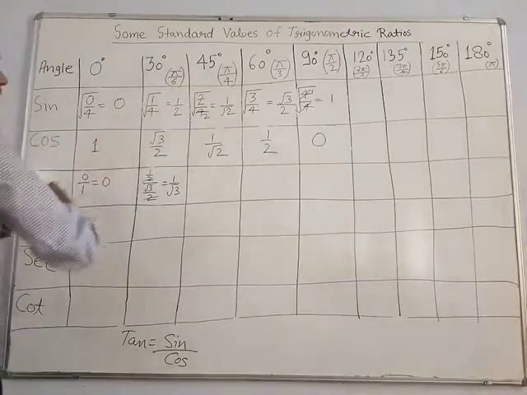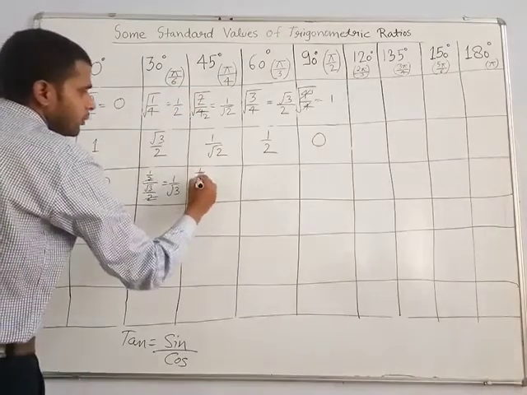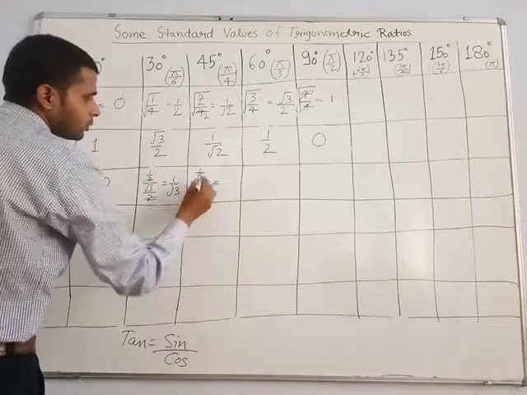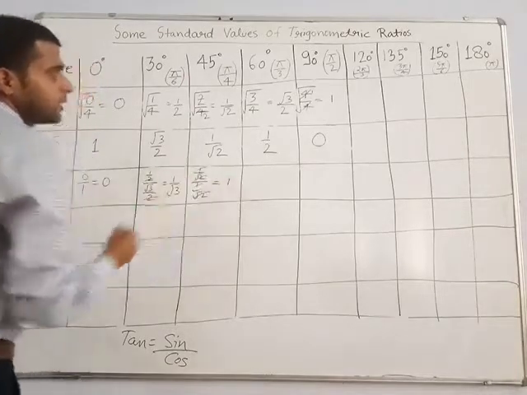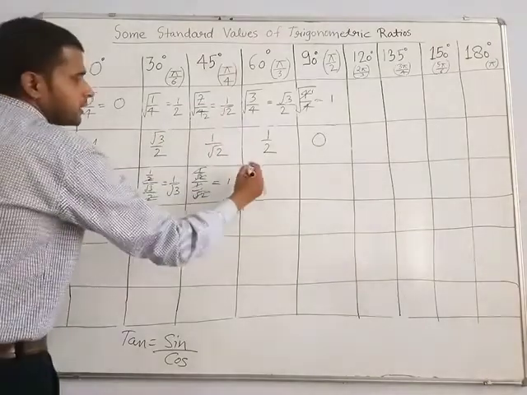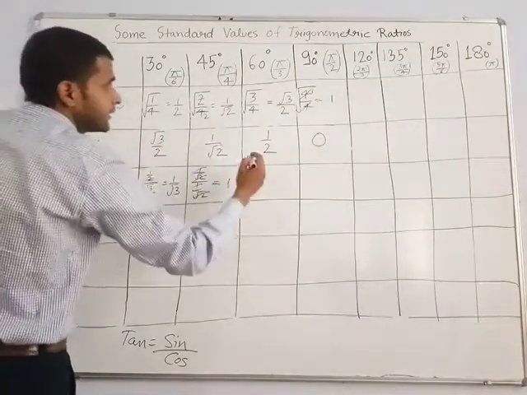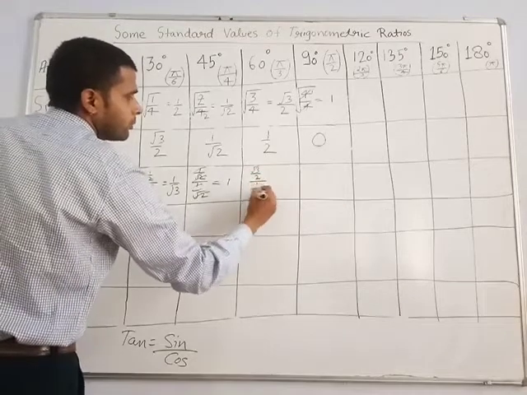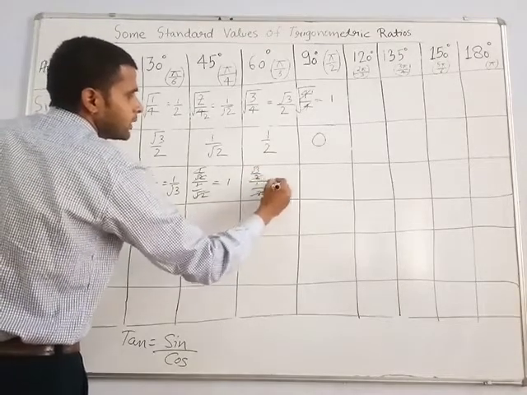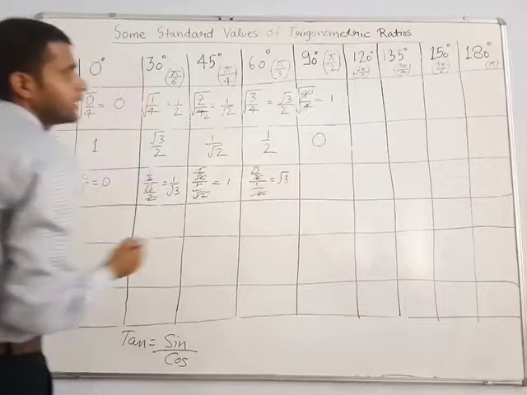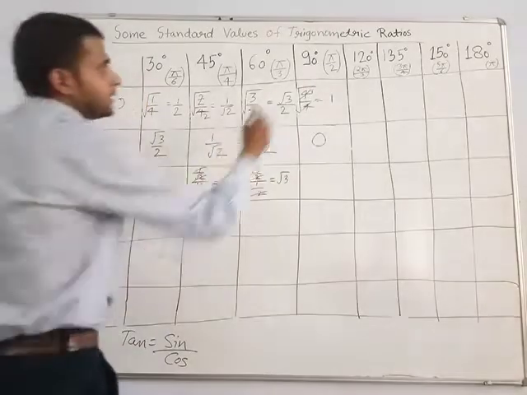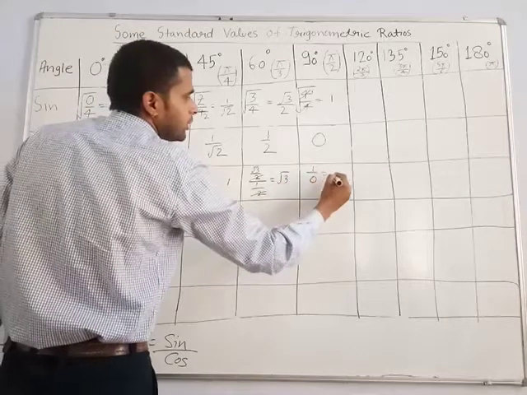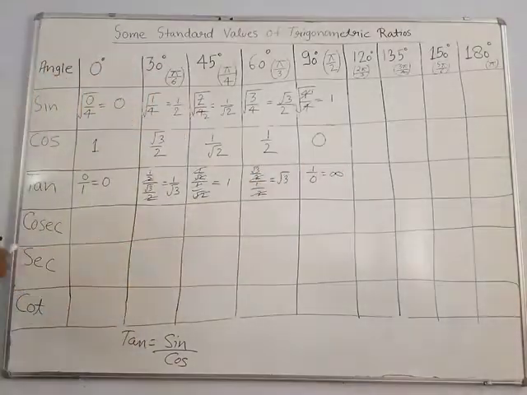Then tan 45 is sin 1 upon root 2 and cos 1 upon root 2, they cancel, that is 1. Then tan 60 is root 3 upon 2 upon 1 upon 2, the 2 cancels, that is root 3. And tan 90 is sin upon cos, 1 upon 0, is infinity, right?